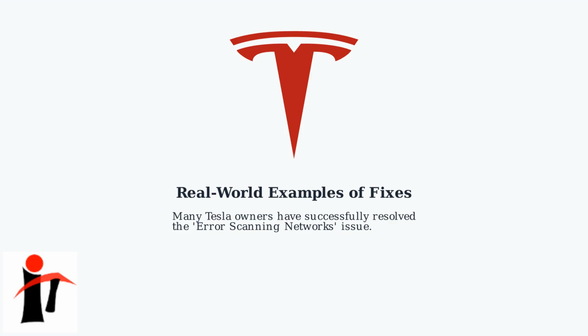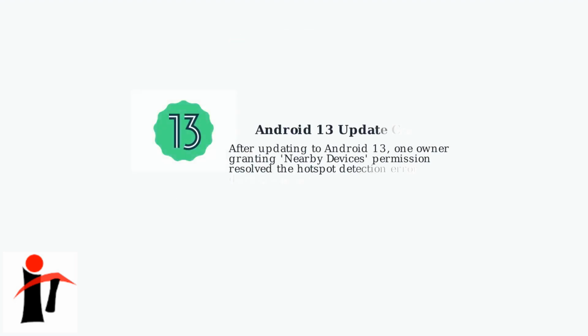Here are some real-world examples to illustrate how these fixes work in practice. For example, after an Android 13 update, a Tesla owner in California encountered the error when trying to connect to their vehicle's hotspot. By granting the nearby devices permission in their phone's settings, the app was able to detect the Wi-Fi network and complete the firmware update successfully.